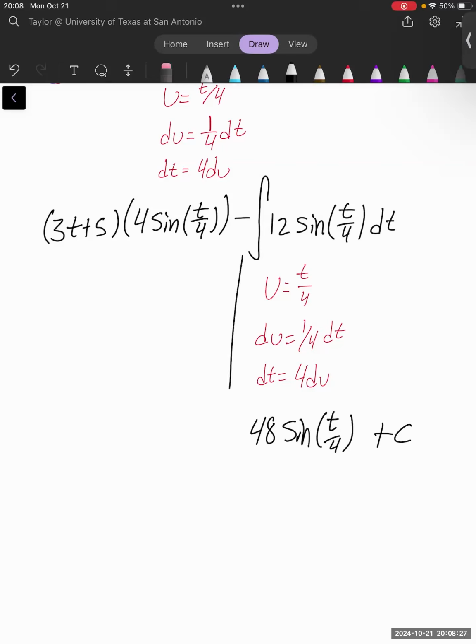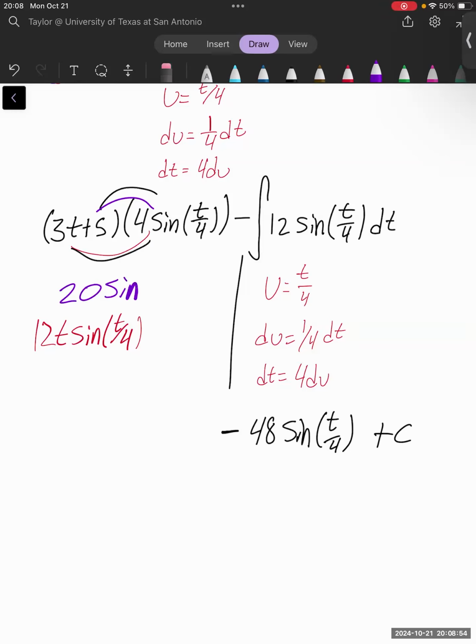Carry down the minus, and then I'm going to distribute the 3t and the 5. This part gives me 12t sine(t/4), and this part gives me 20 sine(t/4), and then you see the constants here.